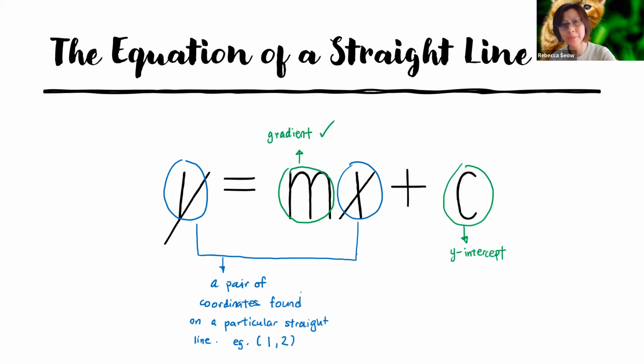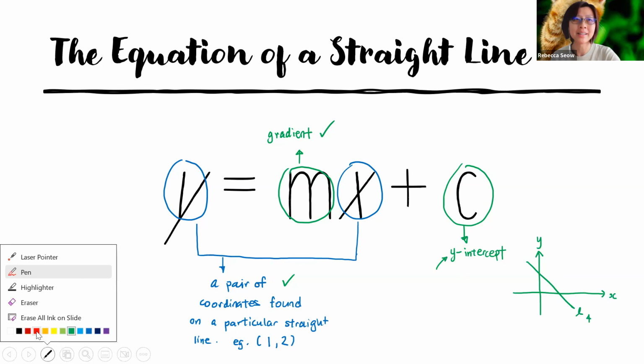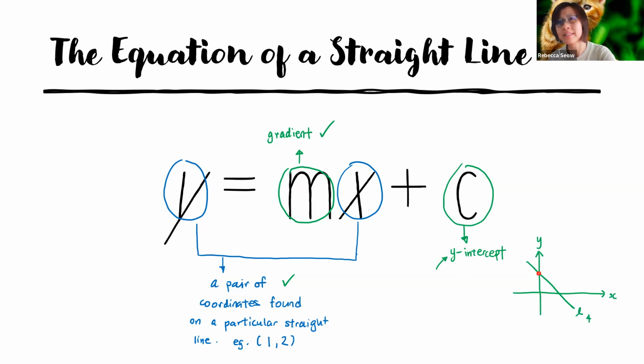I have also spoken briefly about x and y, which is a pair of coordinates found on a particular straight line. So what exactly is the y-intercept? The y-intercept can be found at the point where the line crosses the y-axis. So let's say you have a line that crosses the y-axis at this part.